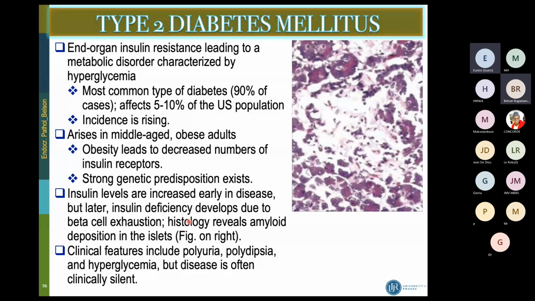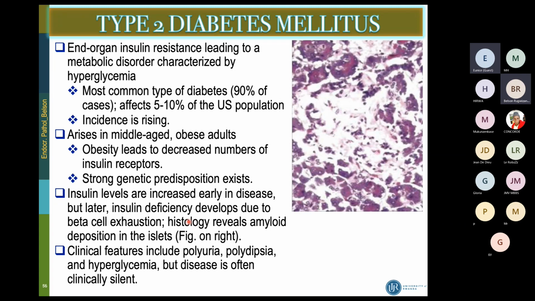So type 2 diabetes mellitus, as we saw on the diagram, involves resistance to insulin. Because of that, the cells which would engulf or use glucose don't receive it, because the receptors to insulin are not working.